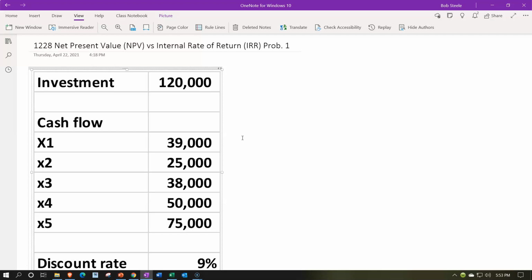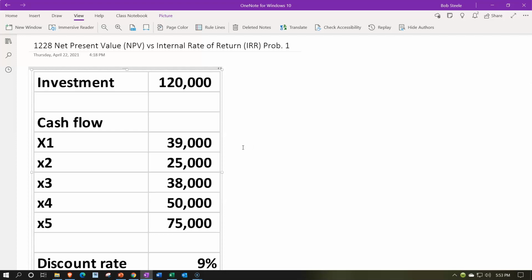This scenario can apply to many different business settings, such as putting money down to buy equipment, to buy inventory, or to invest in a project going forward that we expect to have a future return on.